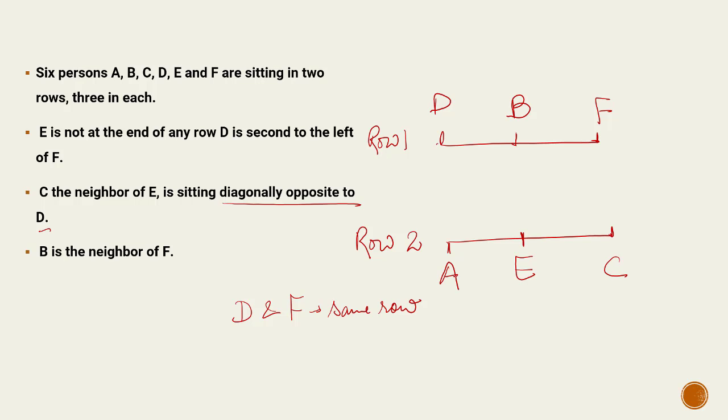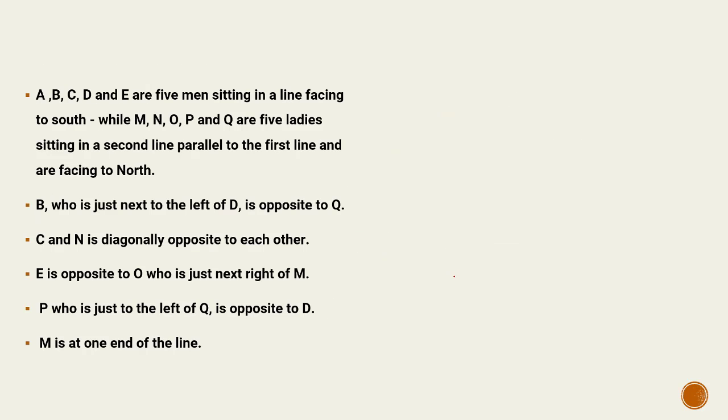Let's have a look at another problem. So this is again a problem of arranging people in 2 rows. But here it has been specified, if you read the question, A, B, C, D, E are 5 men sitting in a line facing due south, while M, N, O, P, Q are 5 ladies sitting in a second line parallel to the first line and facing north.